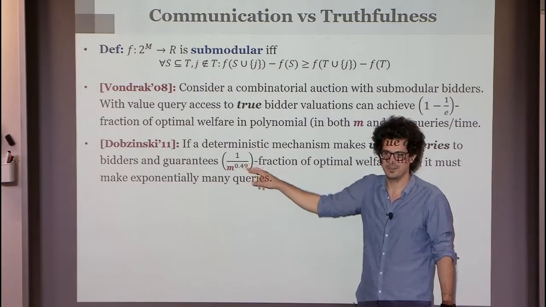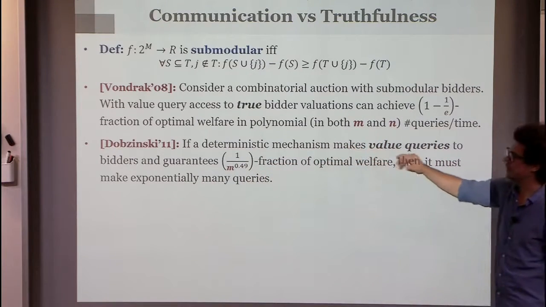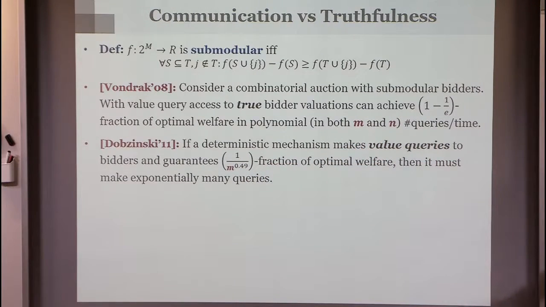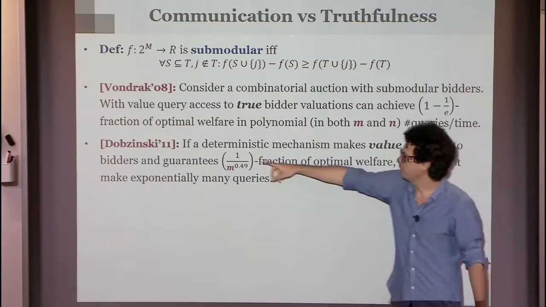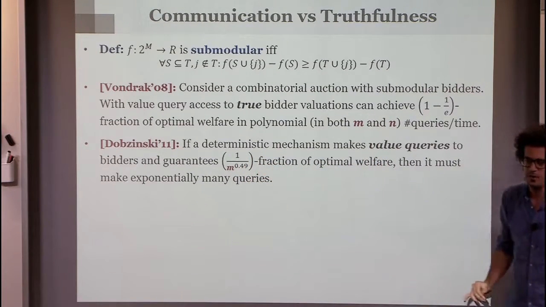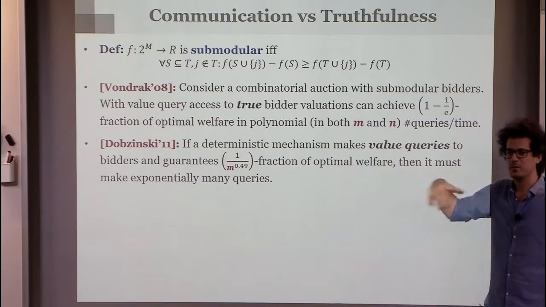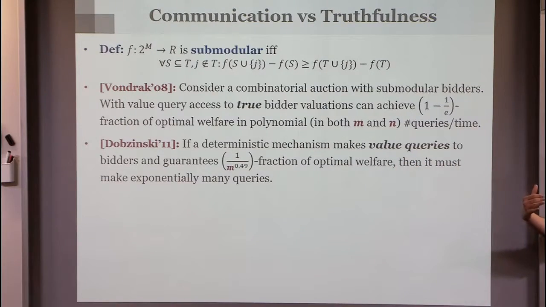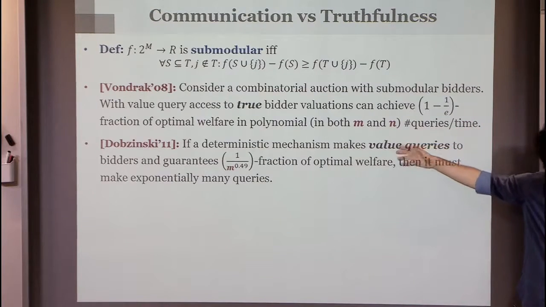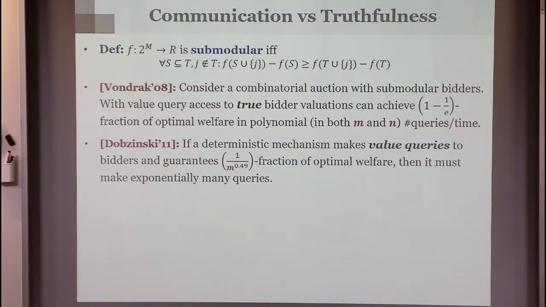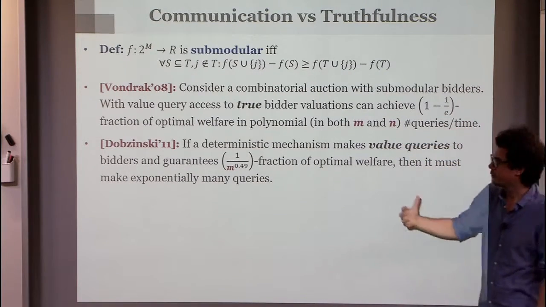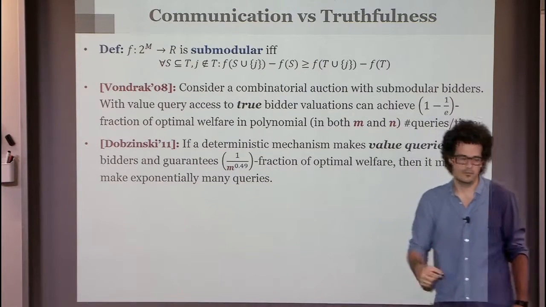This is really bad. But the claim is that if you have a mechanism that guarantees at least 1 over square root m fraction of the optimal welfare, then it must make exponentially many queries to the bidder. So having value access to the valuation functions, doing indirect mechanisms of this form is not going to help you. You're going to lose a lot of welfare if you follow that approach.